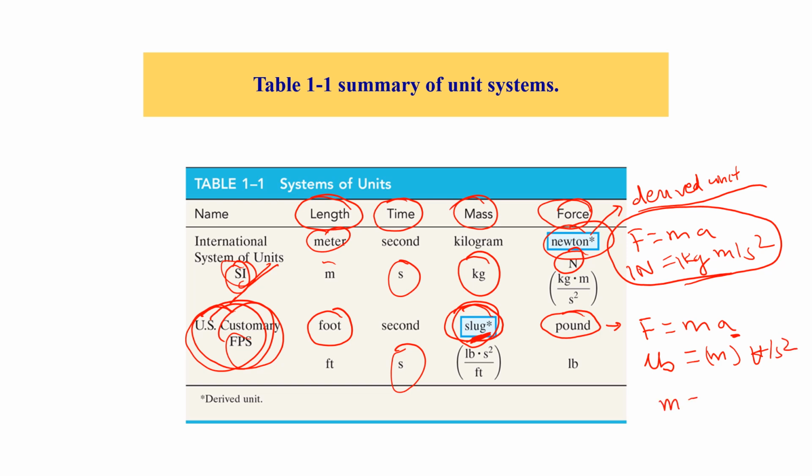So mass is pound second square per feet. So this unit is called a slug. So slug is a derived unit in US customary unit. So that's the slug.